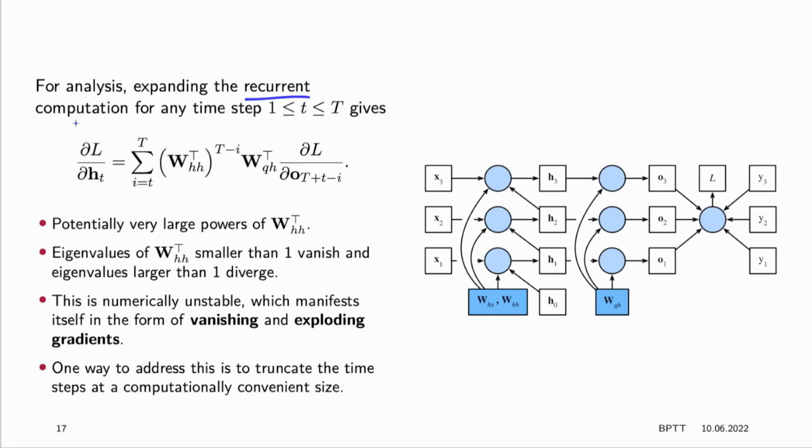Even though our simple neural network only has 3 steps, just for illustrative purposes, let's expand this term for an arbitrarily large capital T. So the recurrent computation for any time step little t, between 1 and capital T, gives the gradient of L with respect to h_t as the sum from index i equals t to capital T of the weight matrix W_HH transpose to the power of capital T minus i, times W_QH transpose, times the gradient of L with respect to O_{T+t-i}.